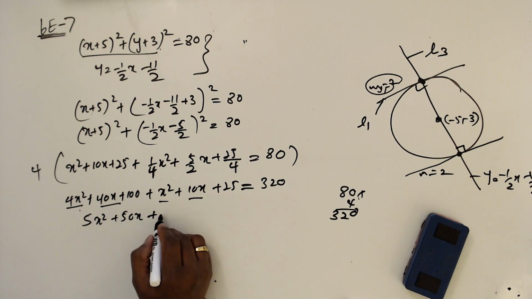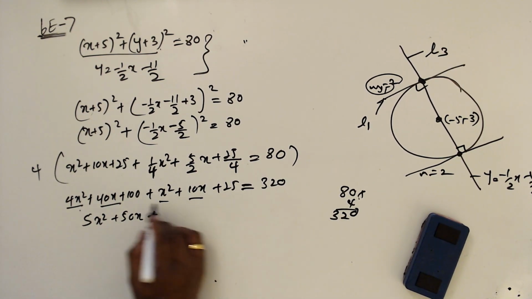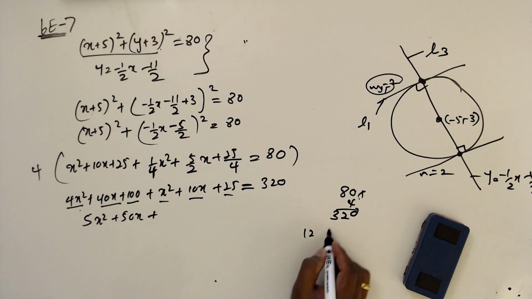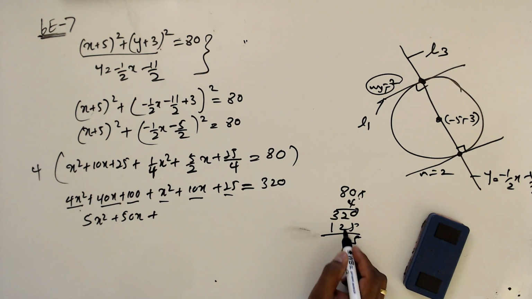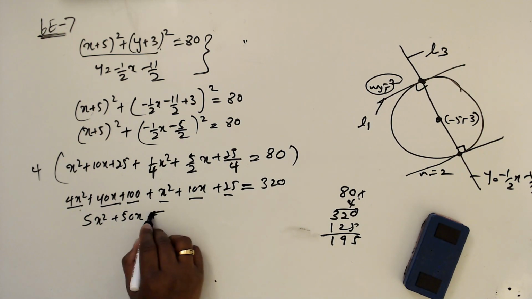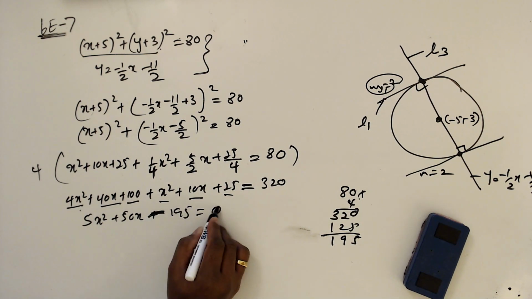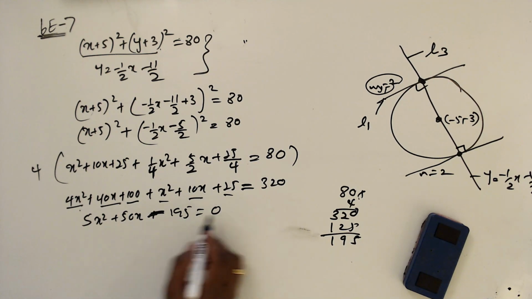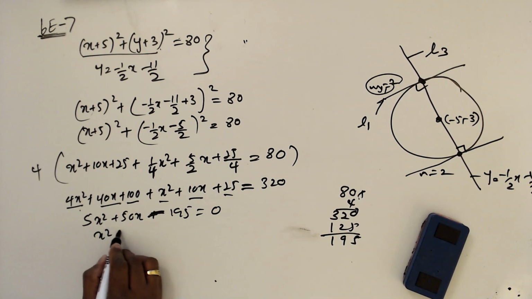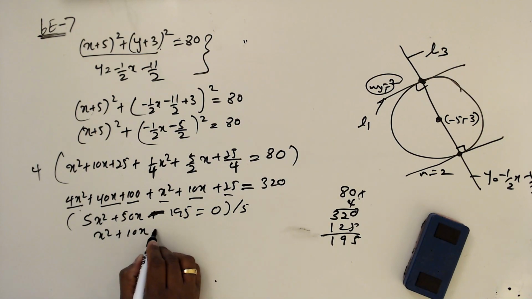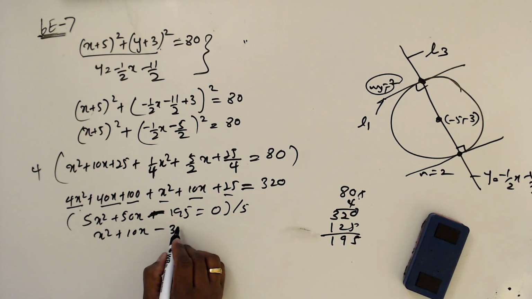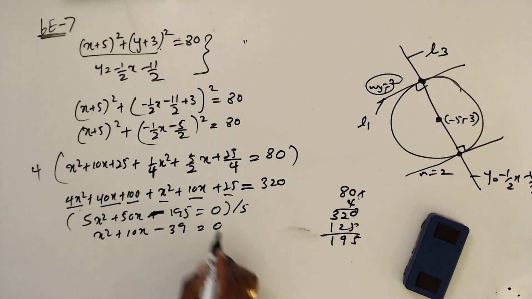Then this is 125 on this side. So this is going to be 5x squared plus 50x minus 195 equal 0. Now I'm going to divide by 5: x squared plus 10x minus 39 equal 0.